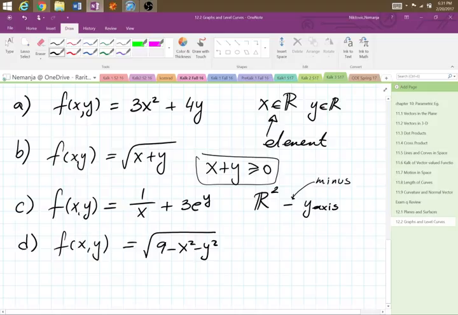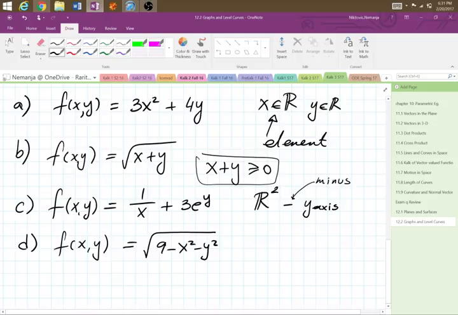Every time you have a square root, you have to make sure that the argument of the square root is larger than 0. Otherwise, you'll get negative numbers under the square root, which guarantees complex values, right?